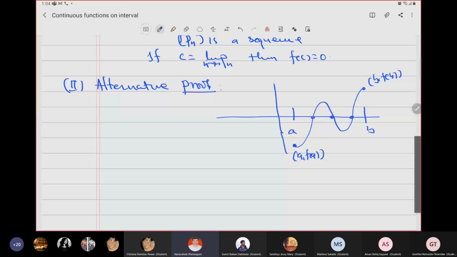In this figure, let A be the set of points x belonging to AB such that f of x is negative. If you look at the set of points at which f of x is negative, do you understand in this figure what the set A is, or what the points are at which the function is negative?